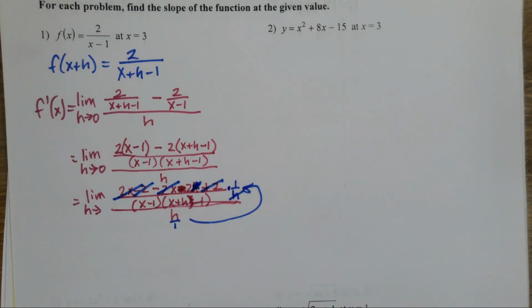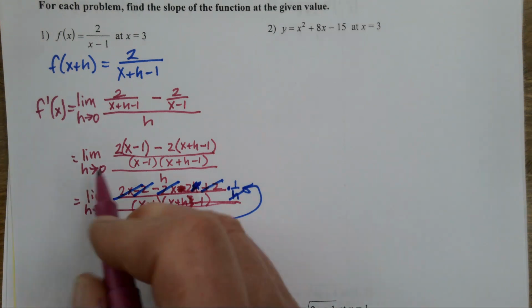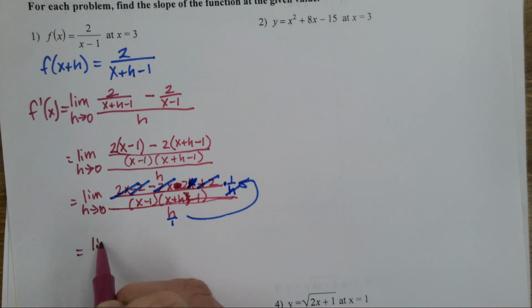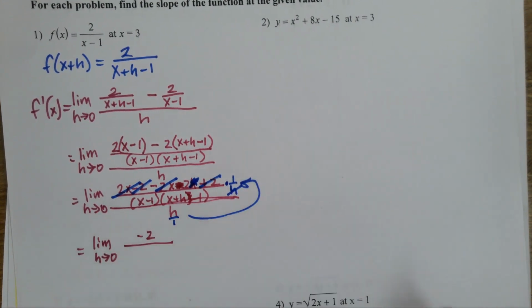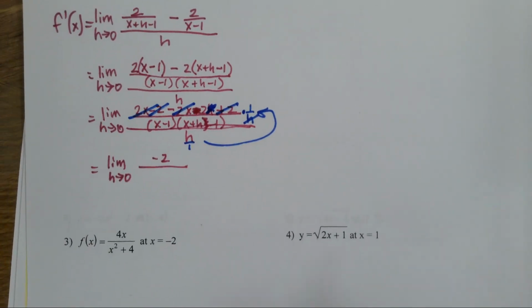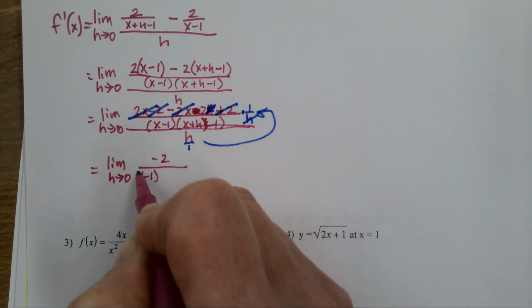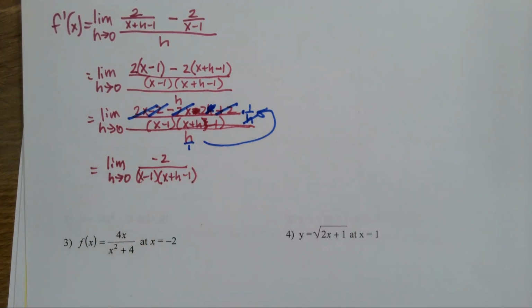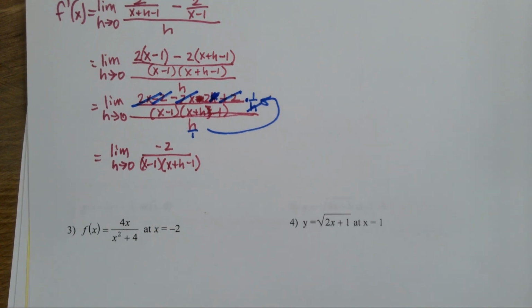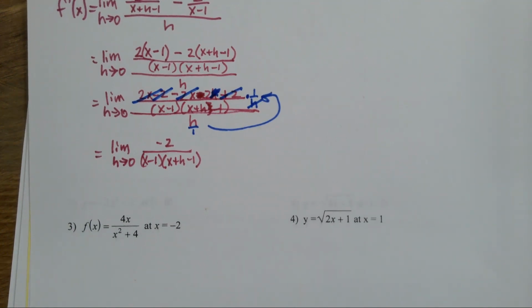So as ugly as this is or was, it's going to clean up very nicely, very quickly. And I still didn't take my limit. I'll do that next. But I just have negative 2 over that common denominator. Once I distributed it through, I was able to cancel a ton of things off, including the h term that was left, minus 2h.